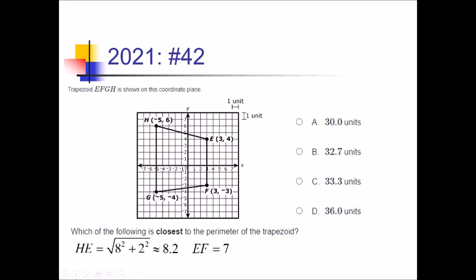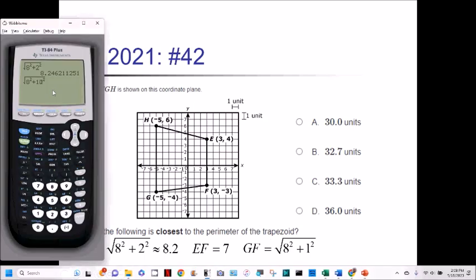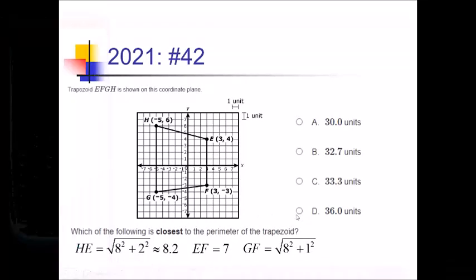So now I'm going to do the square root of, this time around we still have 8 squared for that one side, but now we also have 1 squared for that distance. So 8 squared plus 1 squared. So this actually should be pretty close to what HE was, but let me plug it in. So square root of 8 squared plus 1 squared comes out to roughly 8.1. So not a huge difference.